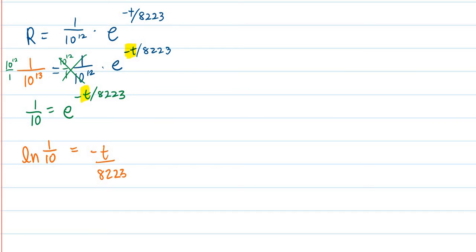Remember, I didn't include that little step in between, which is the natural log of 1 over 10 equals the natural log of e to the negative t over 8,223. Because this says e to what power, and this whole thing would equal 1, and this comes down and multiplies in front. You remember all that from previous lessons, of course.